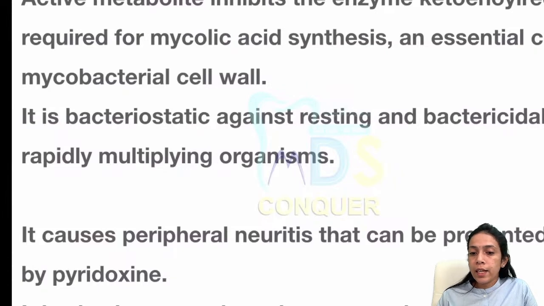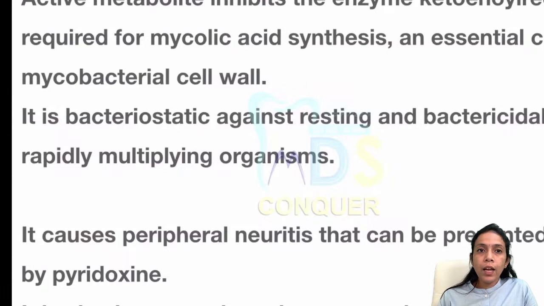It inhibits the ketol reductase enzyme, which is required for mycolic acid synthesis. The important side effect of isoniazid is peripheral neuropathy. So every patient who is given isoniazid has to be given pyridoxine as a supplement.